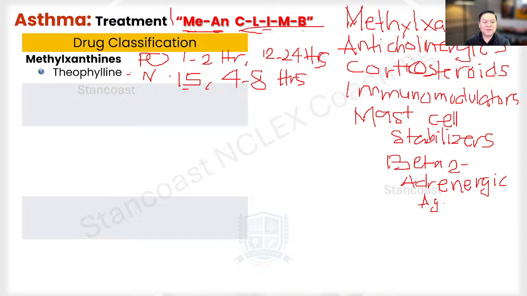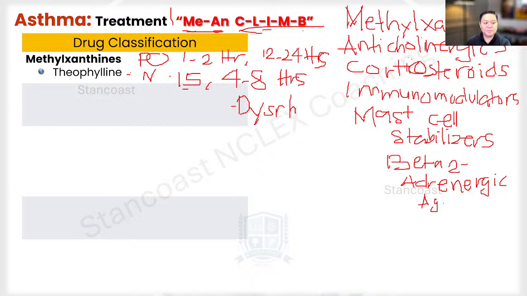Now, what is the effect of the methylxanthines? Well, they are considered bronchodilators as well. They are supposed to allow relaxation of the bronchial muscles. Now, you have to be careful in the administration of the methylxanthine because it can cause some very serious side effects, and one of those is dysrhythmias.